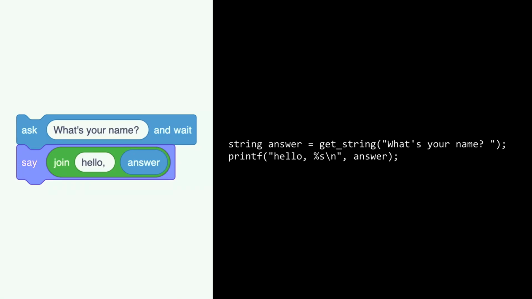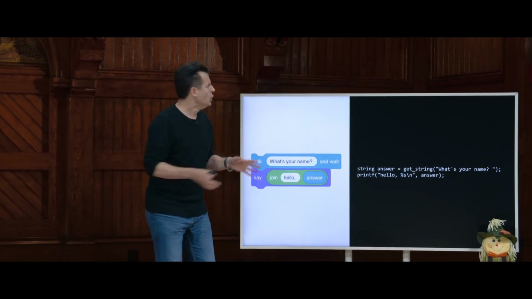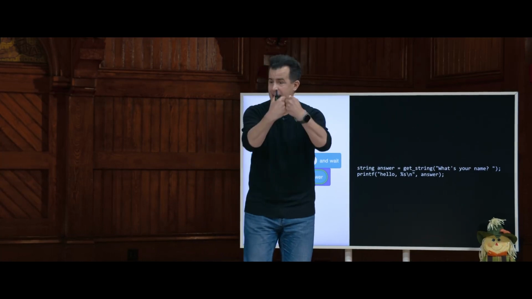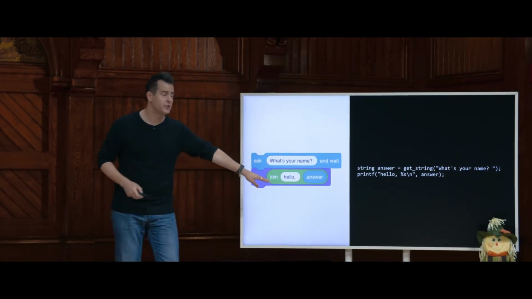Then we used CS50's own getString function and asked the same question as in the white oval here. And then using this placeholder syntax, these format codes, which was printf specific, we could plug in that answer to this pre-made string where the %s is. And we saw %i and %f and a bunch of others as well. So this is how in C you approximate the idea of concatenating two things together, joining two things, just as we did here in Scratch.